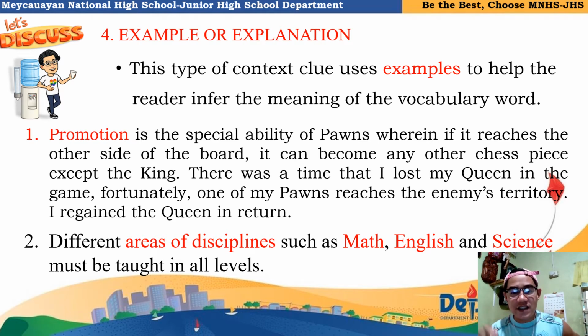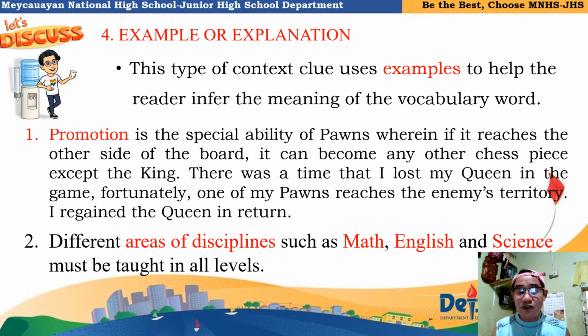Different areas of disciplines such as math, English, and science must be taught in all levels. If you notice, there are many examples given in the second sentence. We have different areas of disciplines. What are they? We have math, English, and science. So basically, it just gives some examples. You enumerate examples.